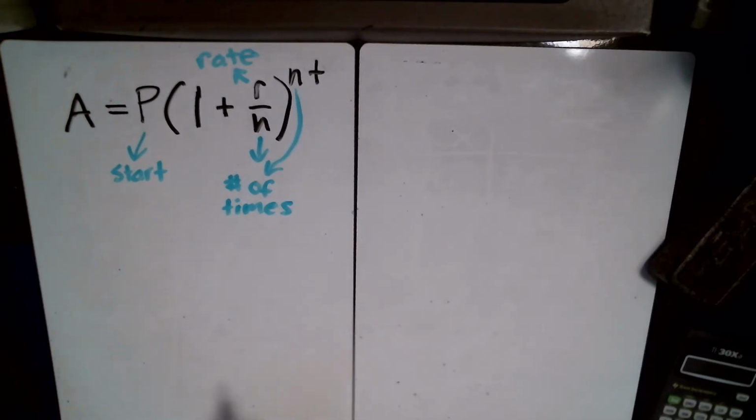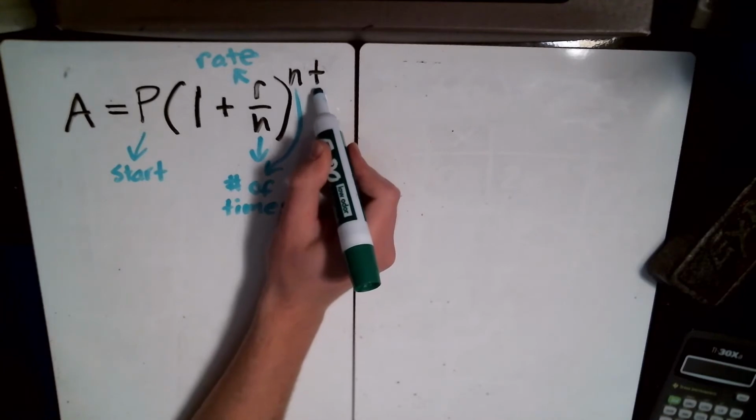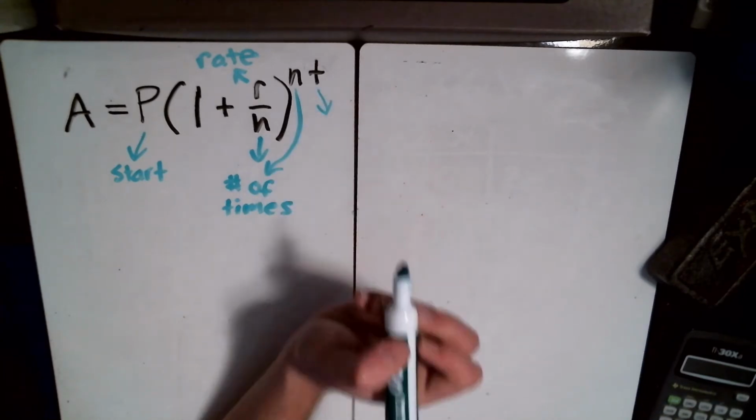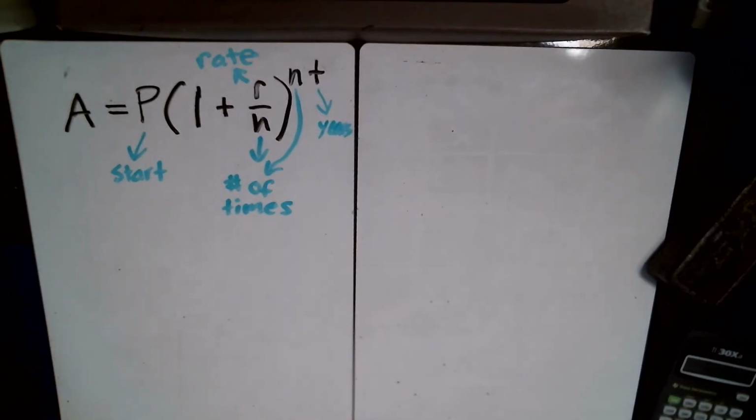Usually your time is in years, so it's the number of times per year you're getting your interest. And then t is the number of years. So that's our compounding interest formula for when you're compounding it n times a year.